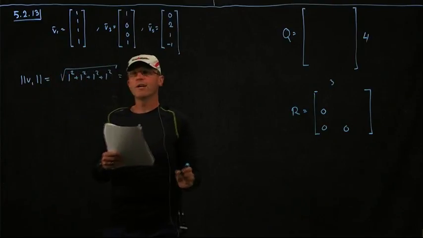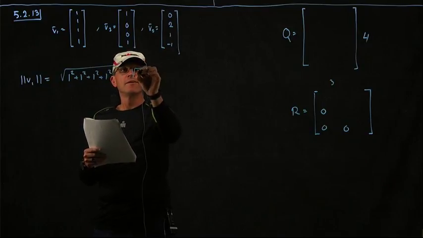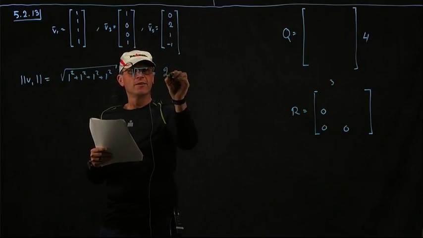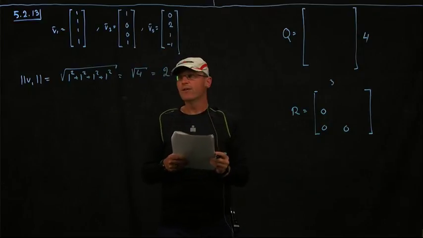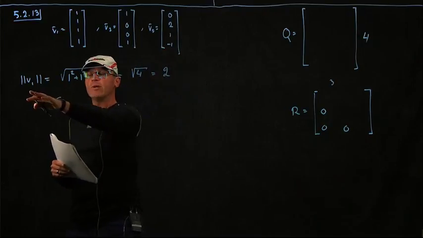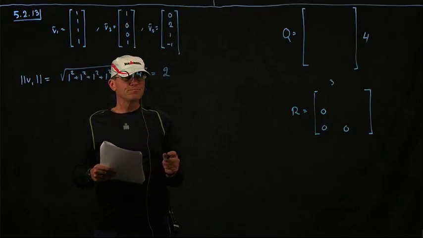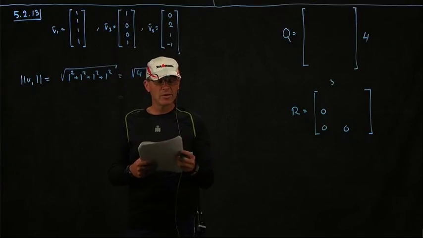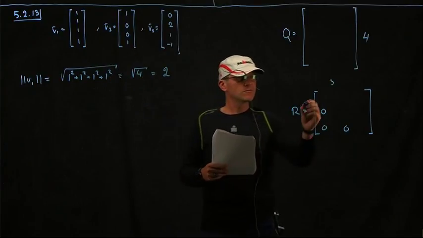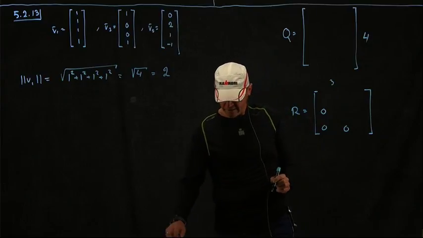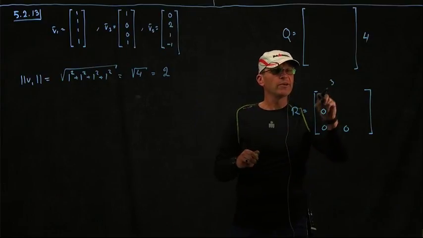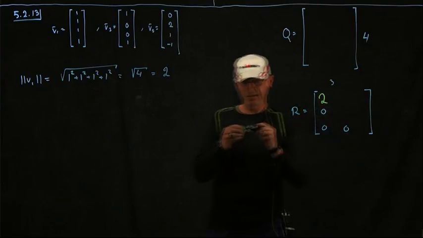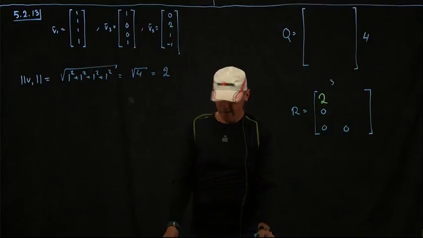So the length is square root of 4, which is 2. Whenever we compute a length, that is going to end up in the R matrix. So this particular length goes up here, that's the R11 element.